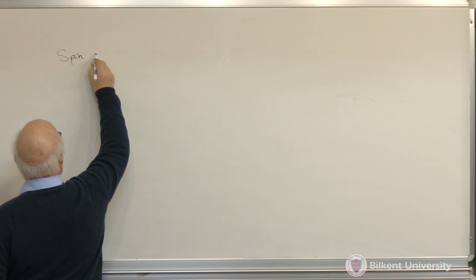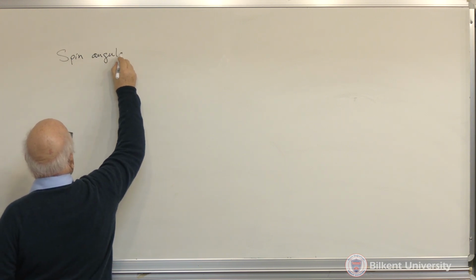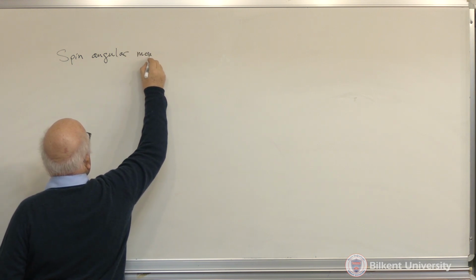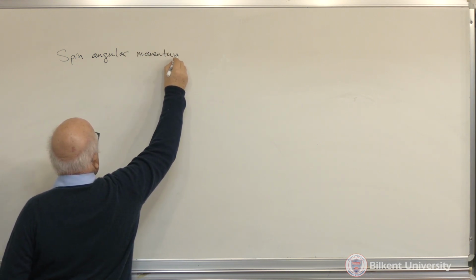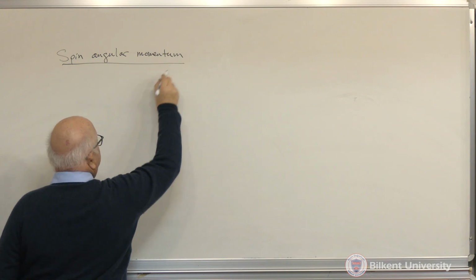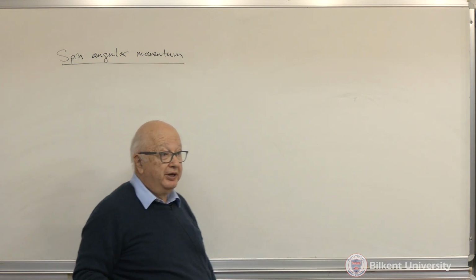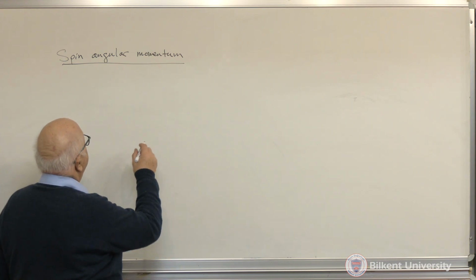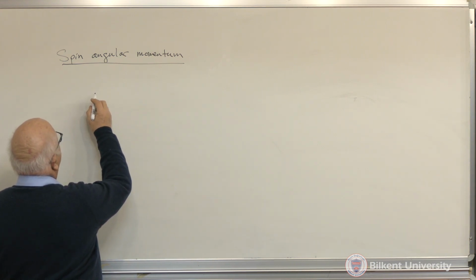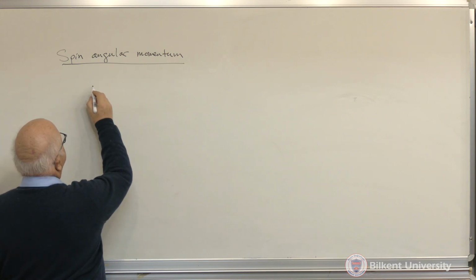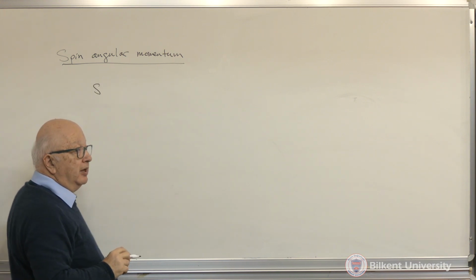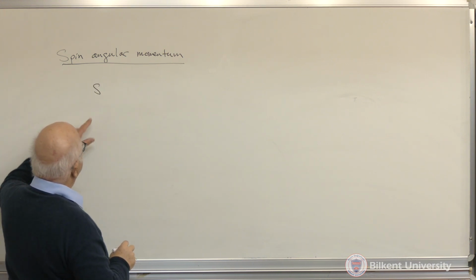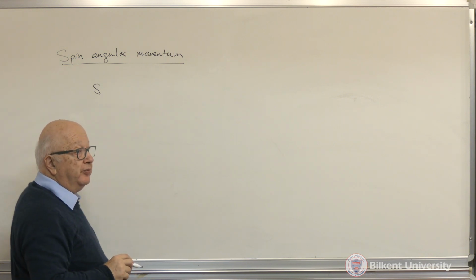I am not going to go through it in as much detail as we did with the orbital angular momentum because it's just the same thing. The only difference is that instead of L, we now start using S. S is the angular momentum operator.